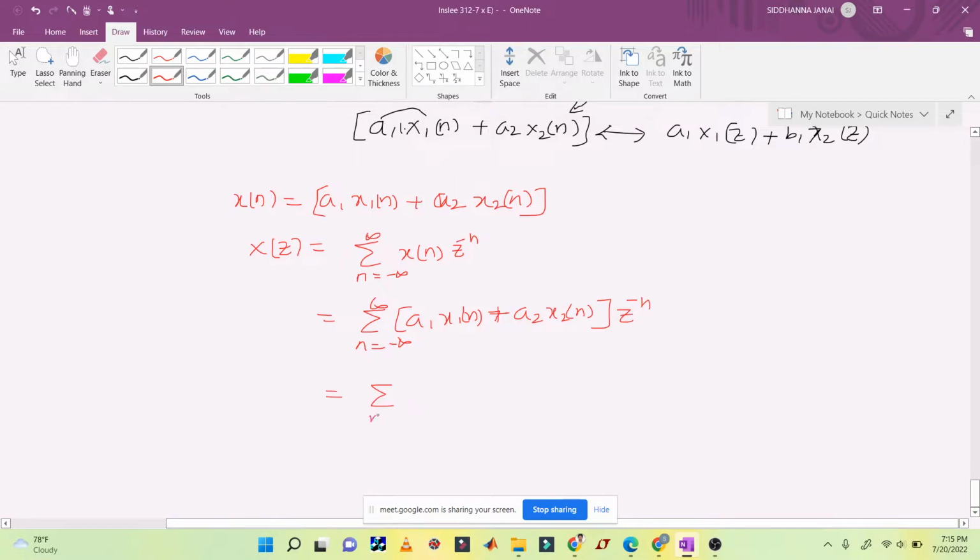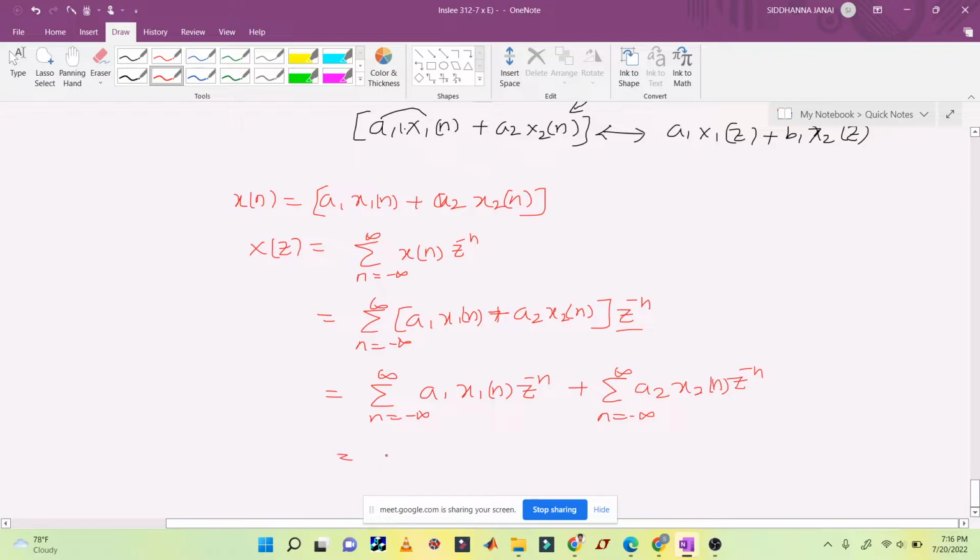Now summation n is equal to minus infinity to plus infinity a1 x1 of n multiplied by z power minus n, plus summation n is equal to minus infinity to plus infinity a2 x2 of n z power minus n. So this z power minus n I have multiplied into the brackets and simplified.